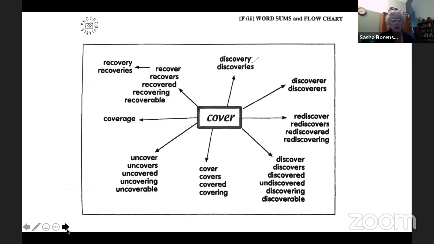Let's see what our next slide has to offer. Oh, so this is Mel Ramsden's stuff, right? And there are other people who are doing wonderful things with this also. So you take a base word and you say, how many different words can I construct using these prefixes and these suffixes?